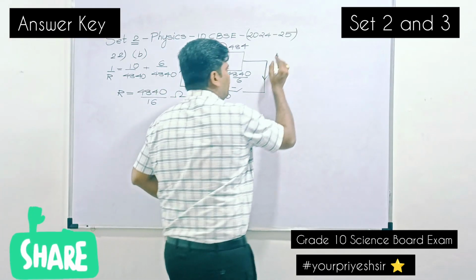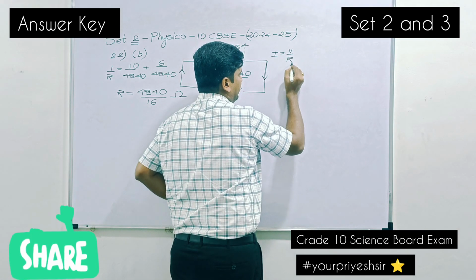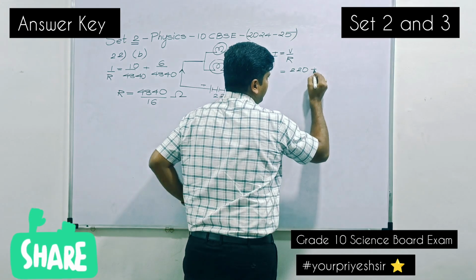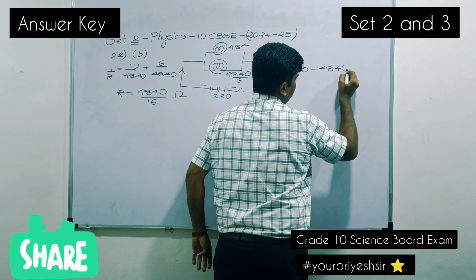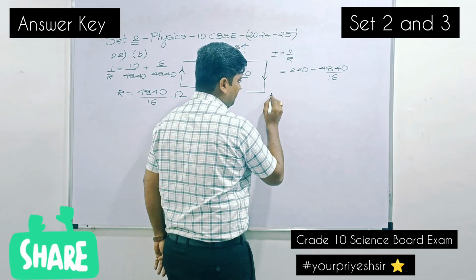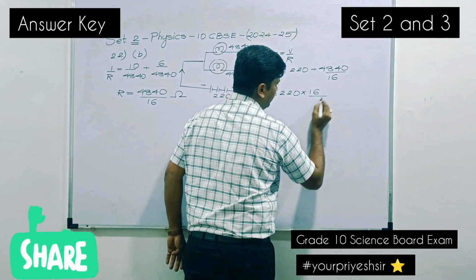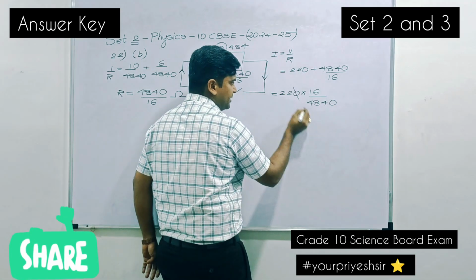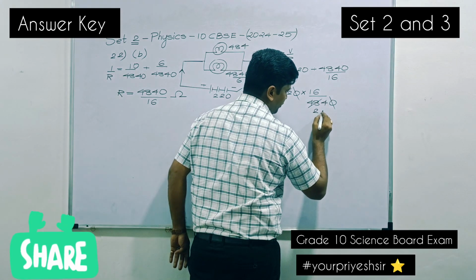Finally, now using Ohm's law, I can go I is equal to V by R. The voltage line was 220, divided by resistance, which is 4840 by 16. Okay, so now I'll just multiply this. So 220 into 16 by 4840. This 0 cancels. I know one thing, 22 times 22 are 484.